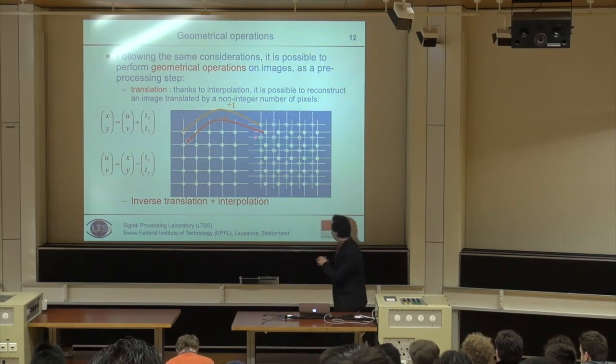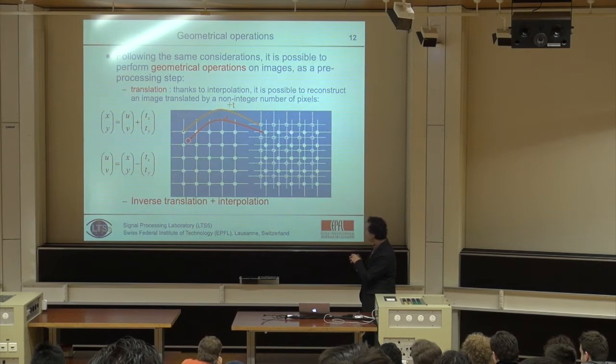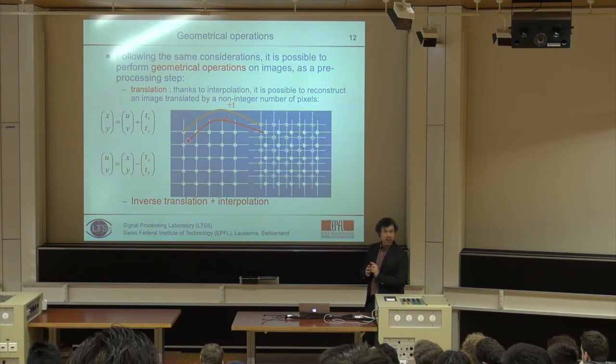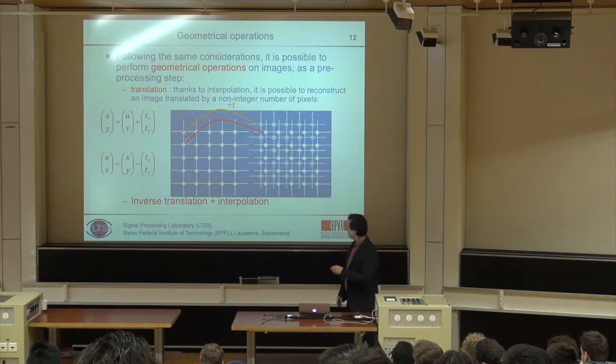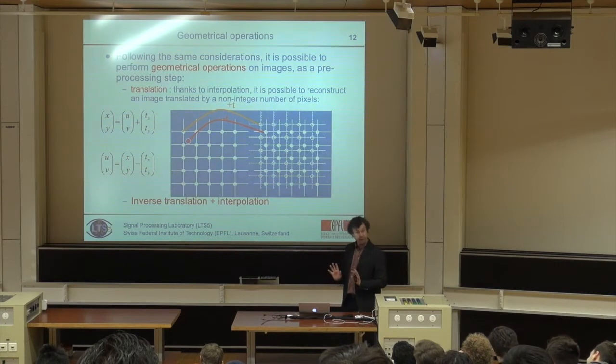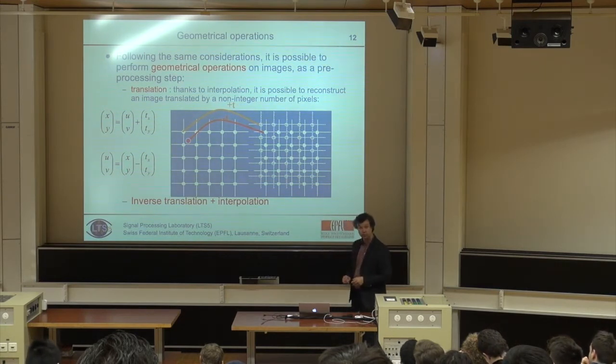So basically, I want to know what is the value that I have to put here, such that the image is translated, and what I know is that actually I know the values there. And I want to find what is the value there. And so obviously what I have to do is to say, okay, to find the value here, I will interpolate by a sinc or any simpler approximation you choose, depending on the quality of this operation you want to do.